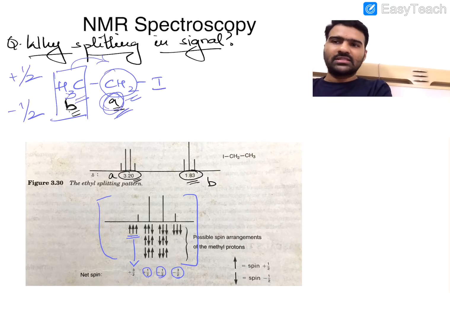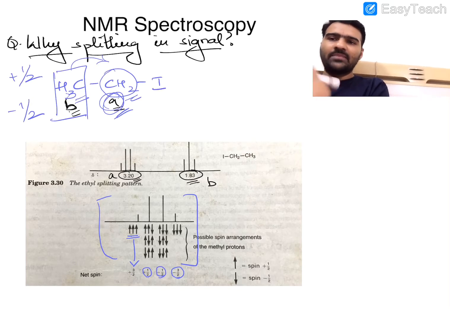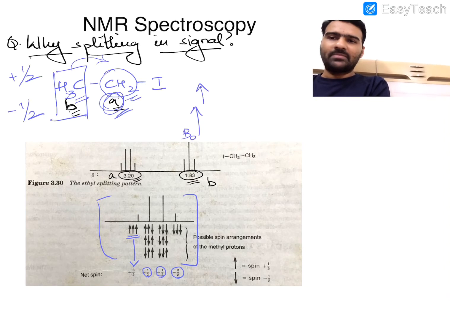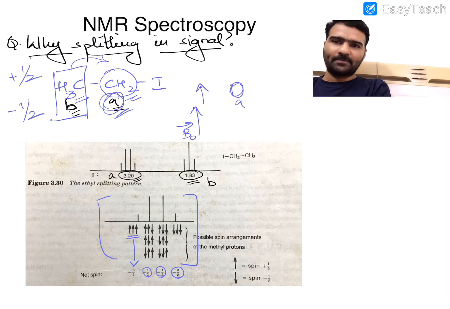Okay, so if these protons which are a part of B have the same magnetic moment as that of the applied magnetic moment, then you would see that the effective magnetic moment experienced by A is going to be slightly greater than what is being applied.